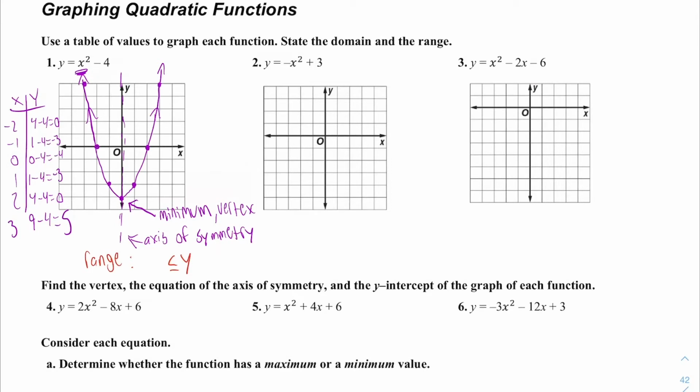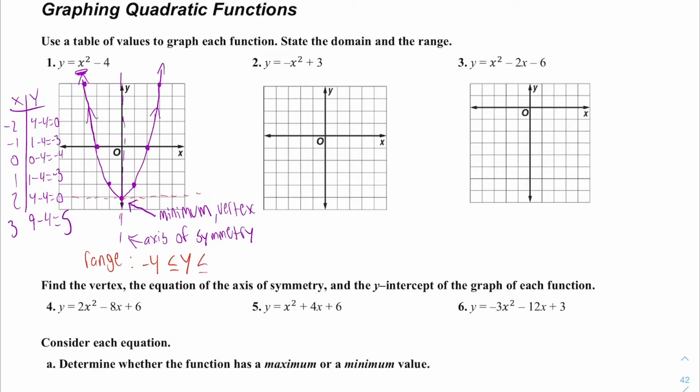Y is the vertical line, so the smallest dot on the vertical line goes through -4. That means that y is never less than -4, and if it's never less than -4, then it must be greater than -4. So that's why we have -4 is less than y.